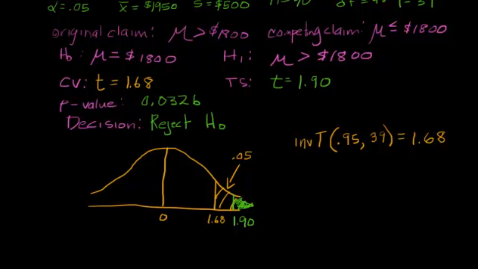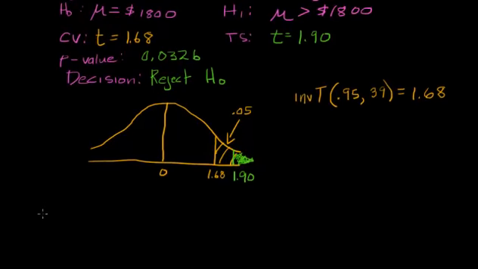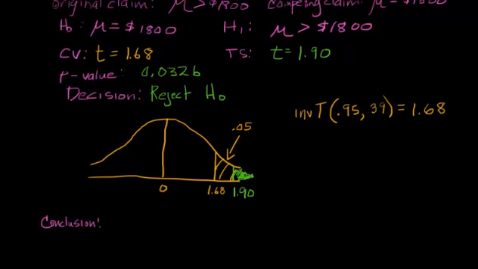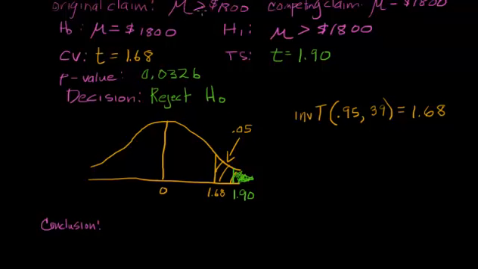Okay, now we're ready to write our conclusion. Does the original claim contain the condition of equality? No, it does not. Did we reject the null hypothesis? Yes, we did.